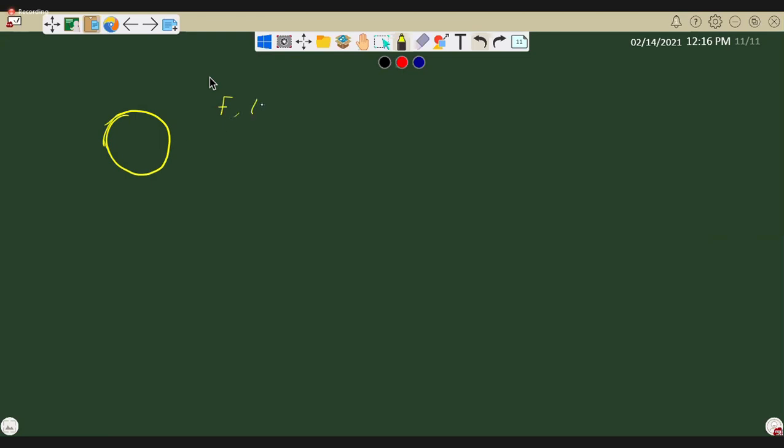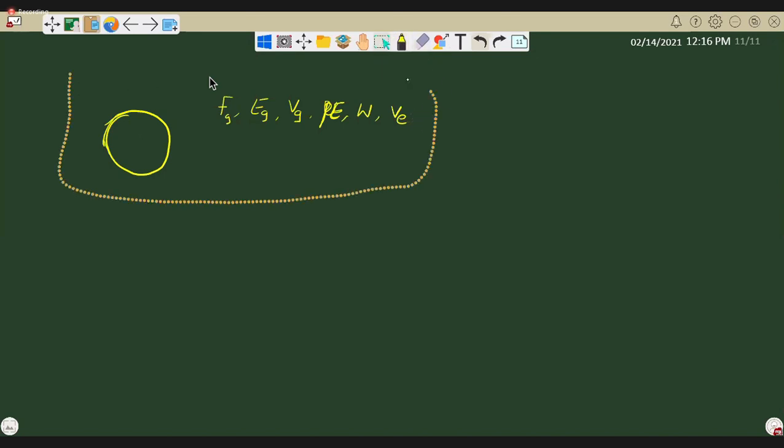We have attributed the gravitational field strength, the gravitational potential, and the potential energy, let us say U. We have attributed the work done in bringing a body, and we have talked about the velocity with which a body should go to get out of the planet. These are the things which we have learned.